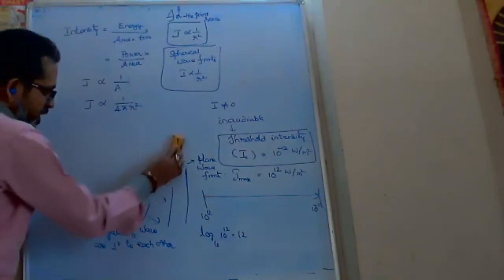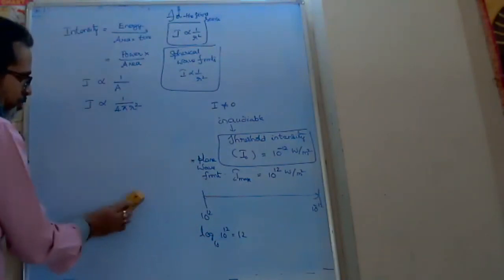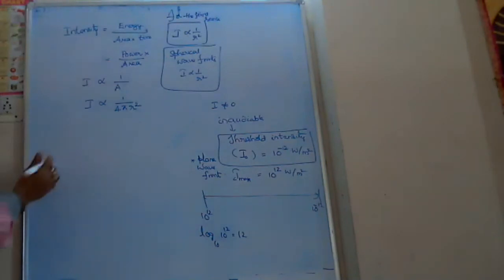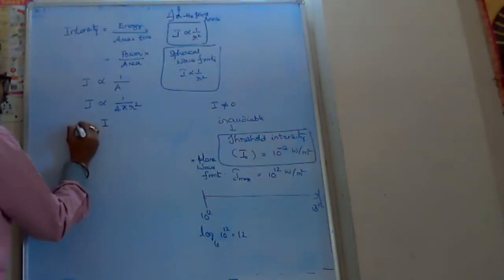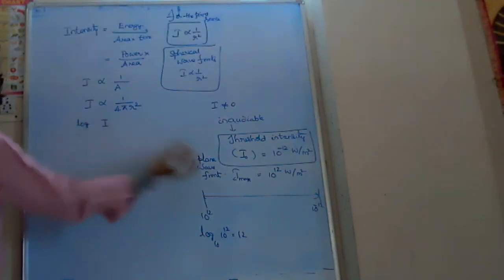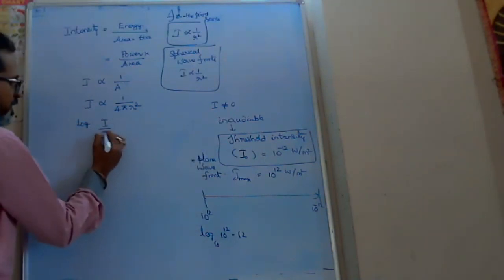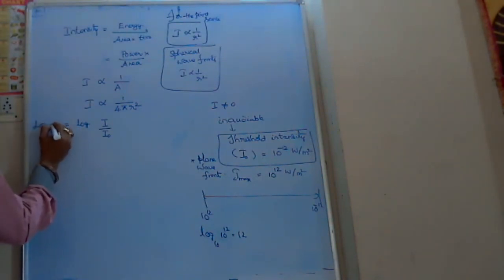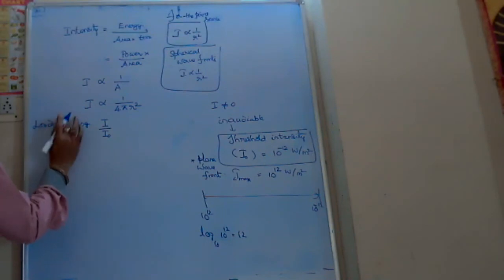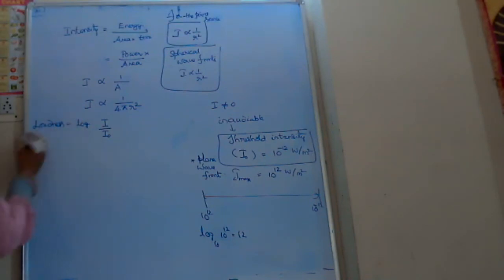The scientist Bell found that. Bell proposed that if you express the intensity in log scale compared to the threshold intensity, this is named loudness.